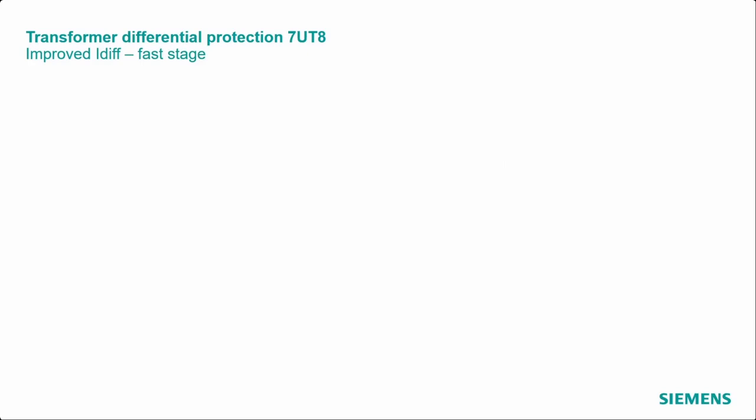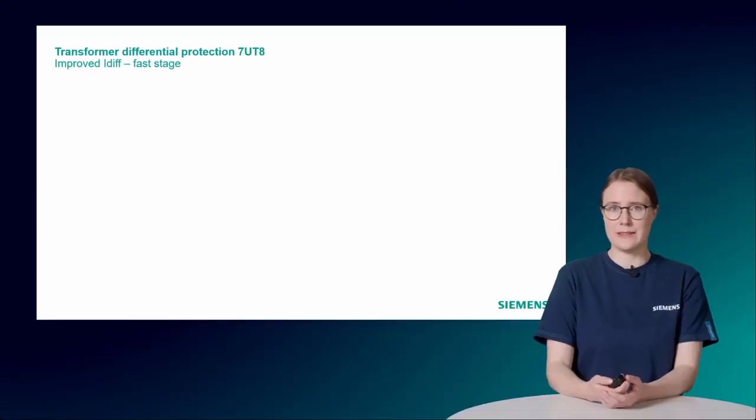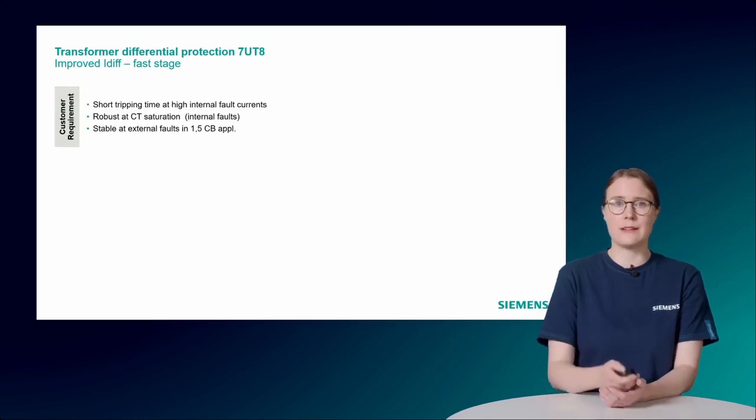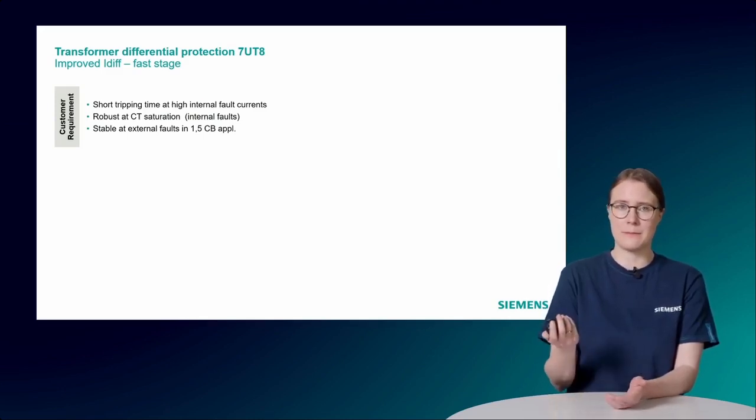The last improvement I want to mention today is the change we made in the IDIF fast stage. The motivation is to achieve with this stage short tripping times at high internal fault currents, even when CT saturation occurs. In contrary, we need stable behavior at external faults, even for circuit breaker and a half applications.